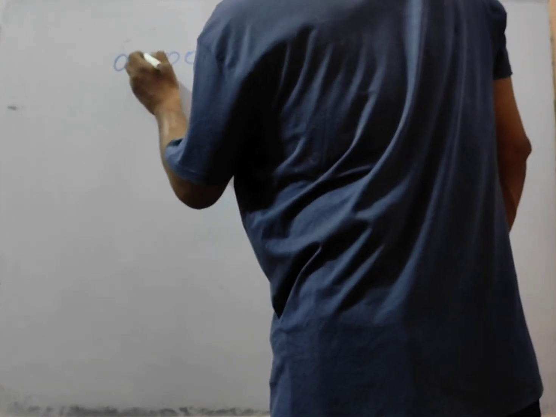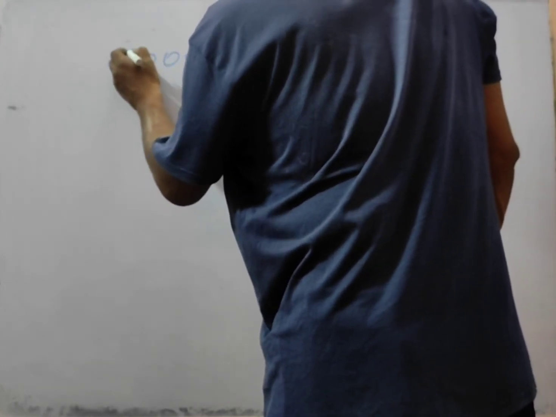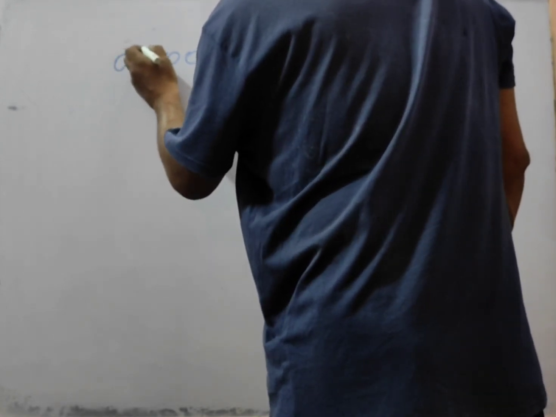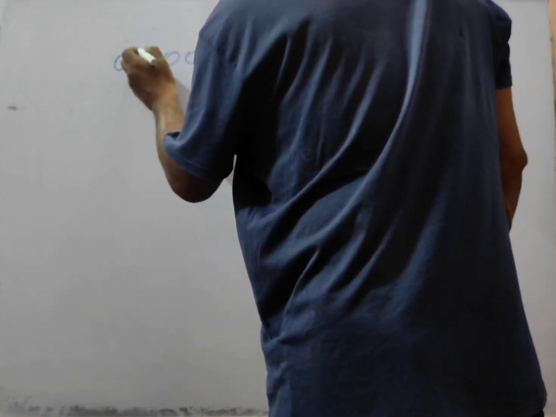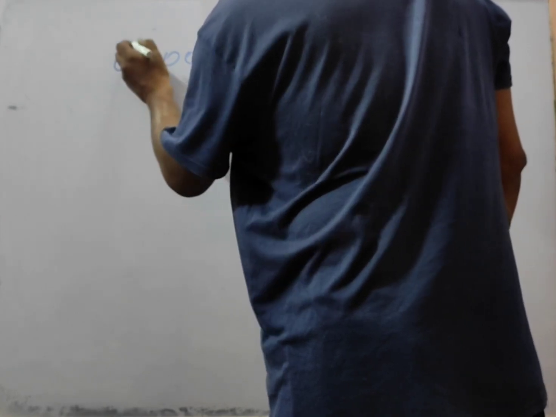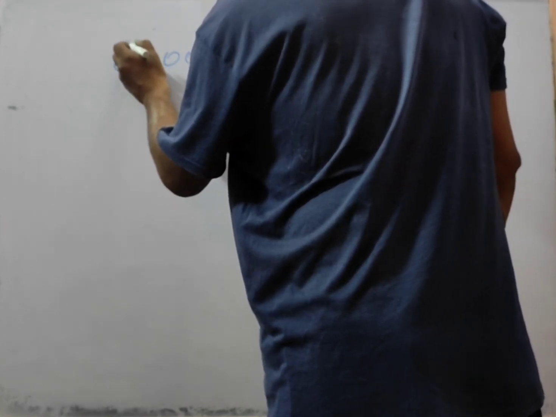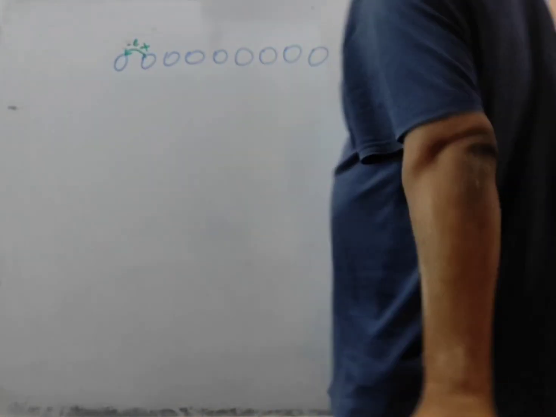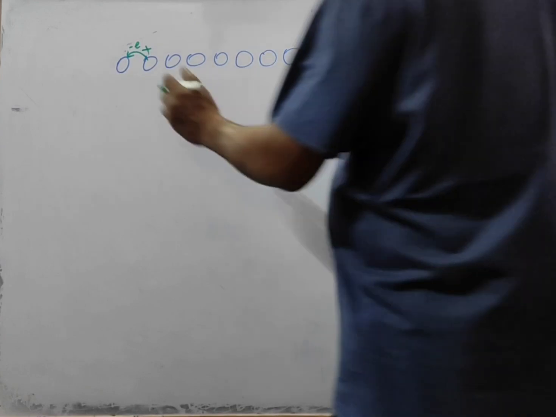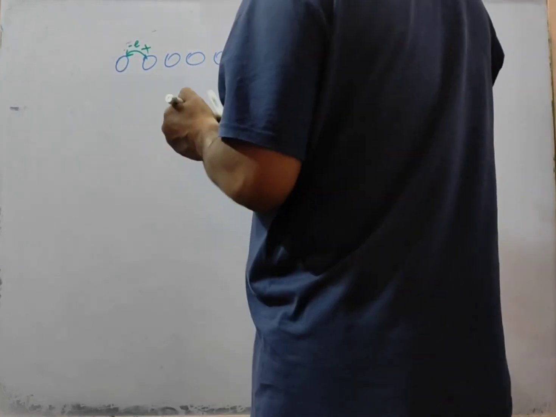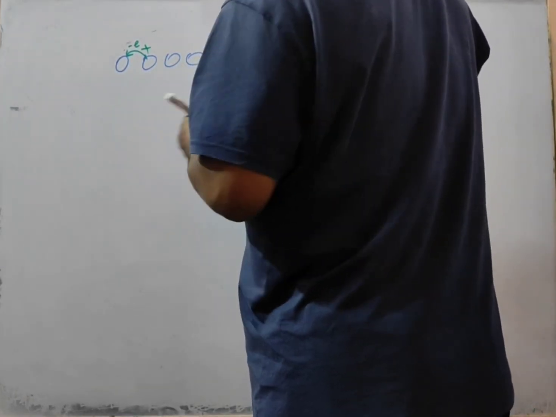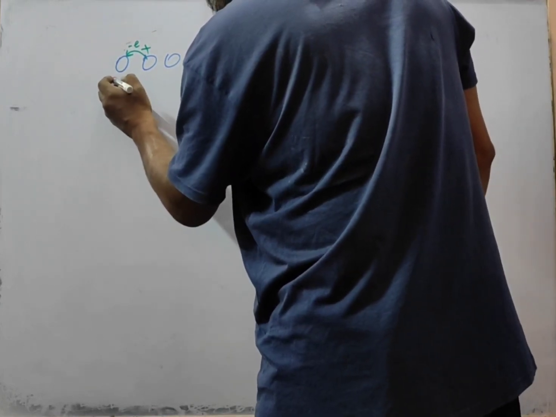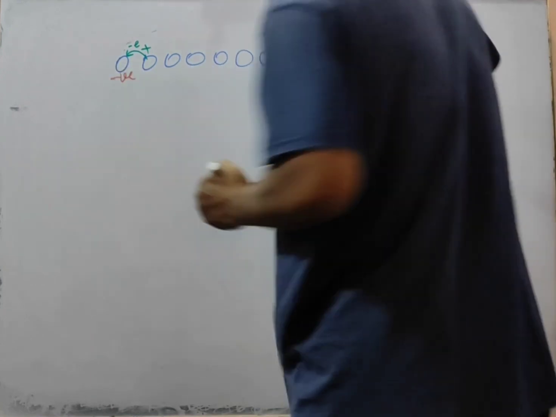This atom loses an electron, so it gets positive charge, right? And since the next one is taking the electron, it gets negative charge, right?